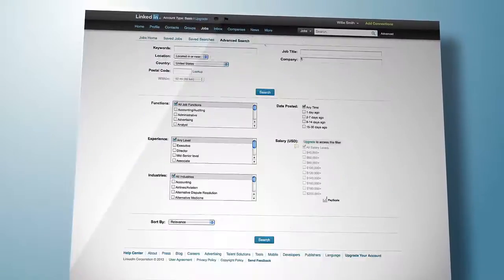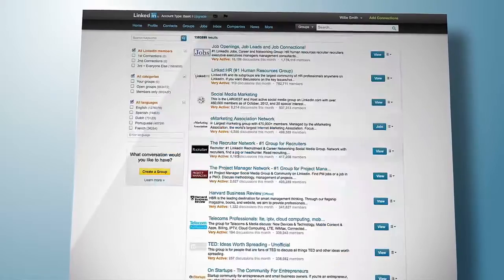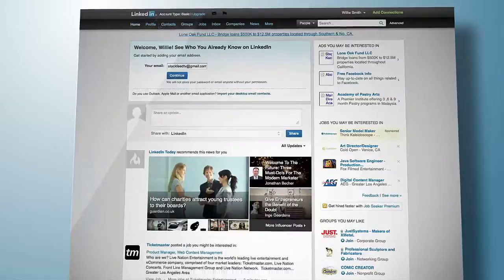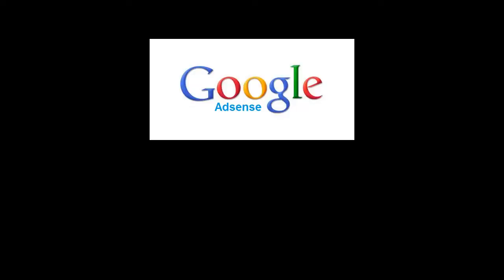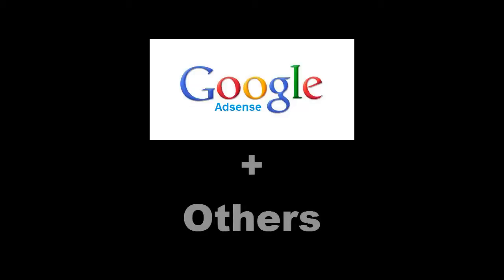The amount changes. It sort of depends on your keywords and things like that. So it's an option, but it isn't necessarily the greatest option. A lot of the time, if you really want to make a fair amount of money, you're going to want to mix the AdSense or advertisements with other revenue streams.